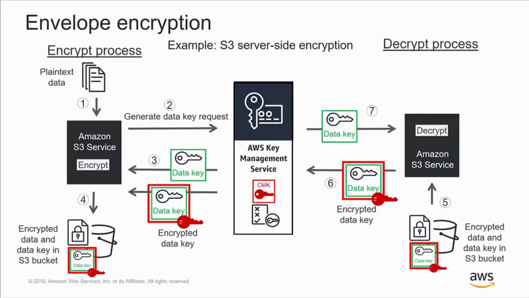If yes, then the plain text data key, which has been decrypted in KMS using the HSMs that are part of the KMS fleet, is provided back to S3. S3 decrypts the data using the data key and returns plain text documents. So that's how envelope encryption works.